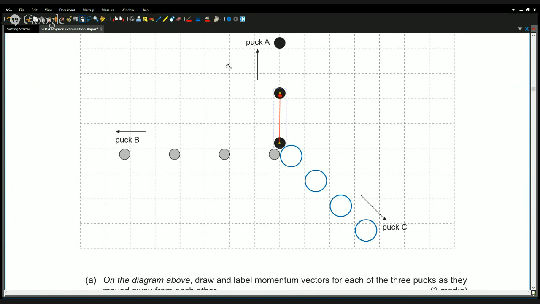Now what they've drawn here, here, and here, I don't think they're actually velocity vectors, although this one does appear to be longer. Actually, I don't know, they're just directions, I think. All right, so how did I do that? Okay, mark up lines.